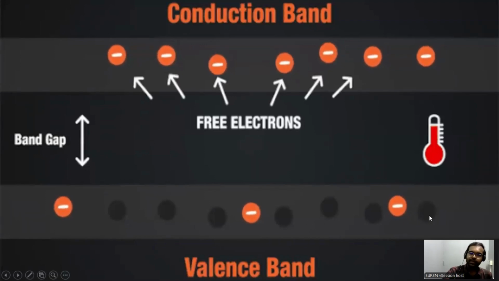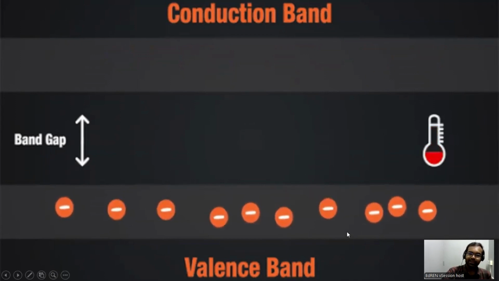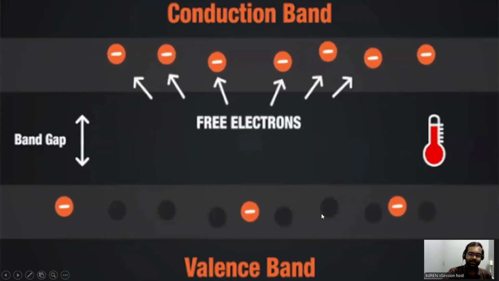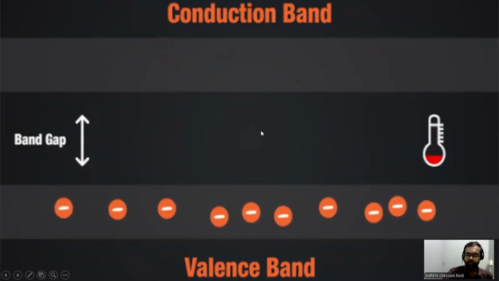When the temperature rises, the electrons in valence band absorb energy and jump to the conduction band, leaving holes in the valence band. Now, these free electrons in the conduction band contribute to the conduction of electricity through this semiconductor.